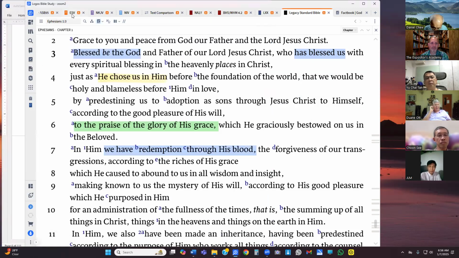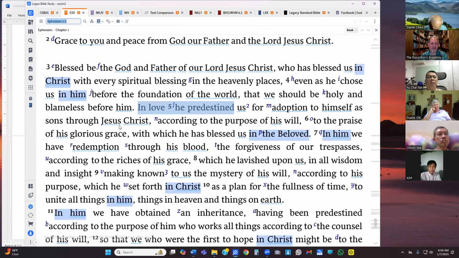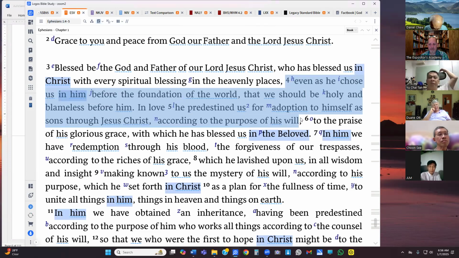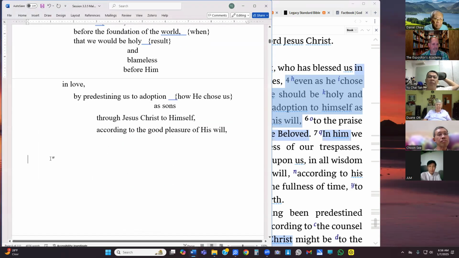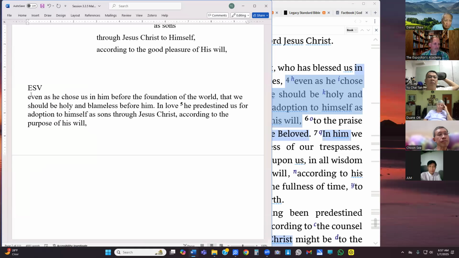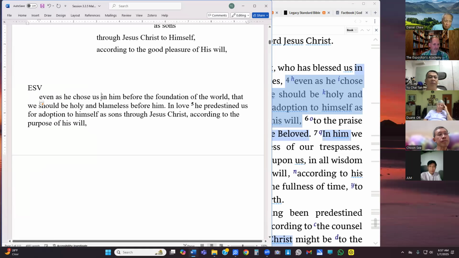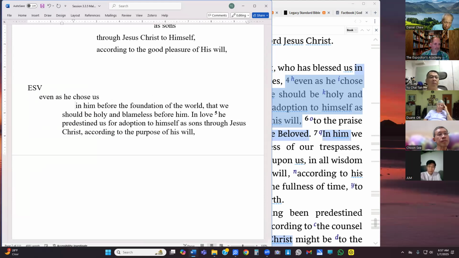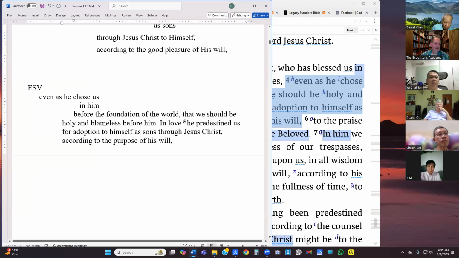But if you were diagramming the ESV, this would be the difference. So here's the ESV. We'd start: even as he chose us. And again, where? He chose us in him. When? Before the foundation of the world.